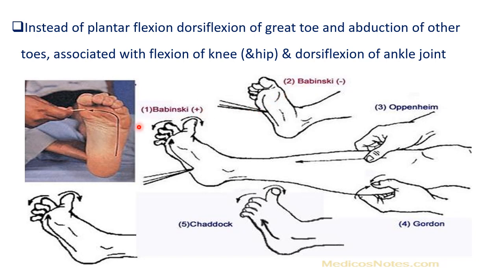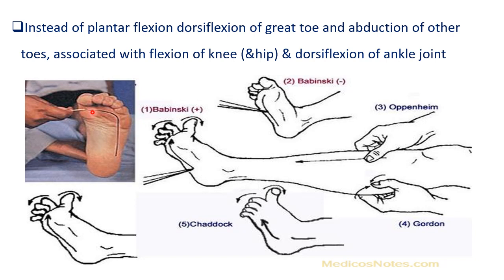But when there is abnormality, generally upper motor neuron lesions, the reverse of this that we get is known as Babinski positive or Babinski sign. Here the way of stimulating the sole is the same, moving from the lateral side medially, ending at the base of the great toe, but the response is different.